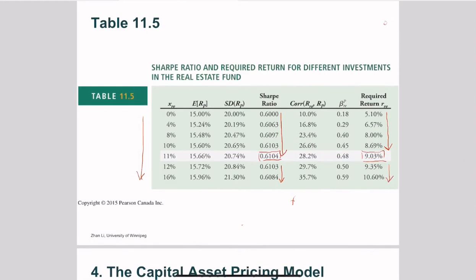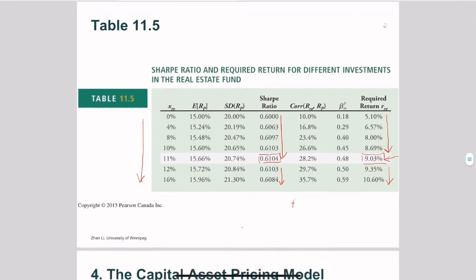Now, how do you know this is the best portfolio weight, 11%, you want to use? Well, because we know that the real estate fund has an expected return of 9%. So we want to look at the required return and find the number which is almost exactly 9%. So in this case, this is the number we want, right?